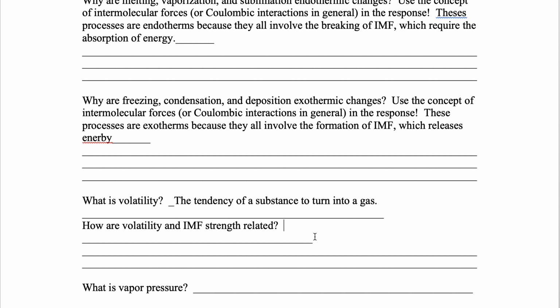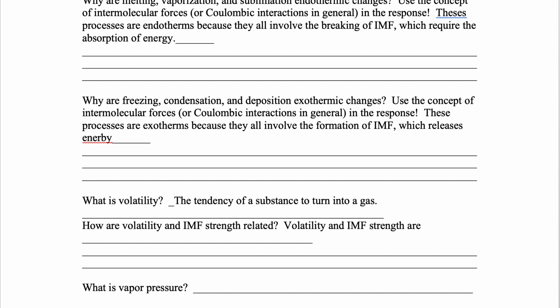So one says volatility and IMF strength are, and the responses are inevitably one of two things.